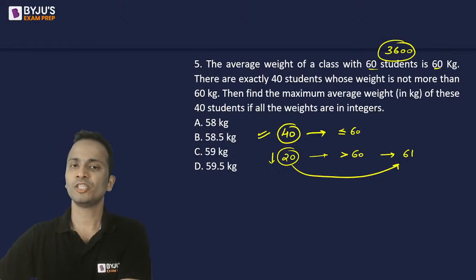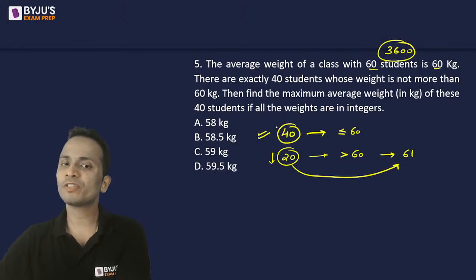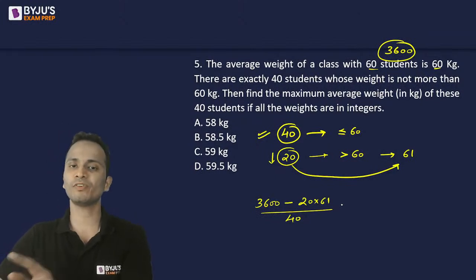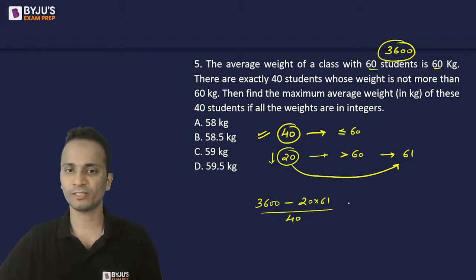All right. So the average of the remaining 40 students will be 3600, which is the total sum of weights minus the weight of these 20 students, divided by 40, will be the average of these 40 students. Okay, so you can do the calculations.